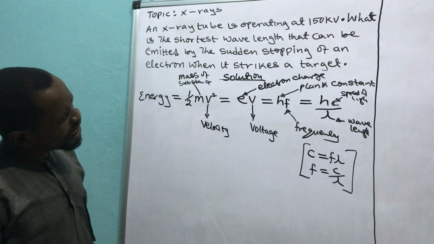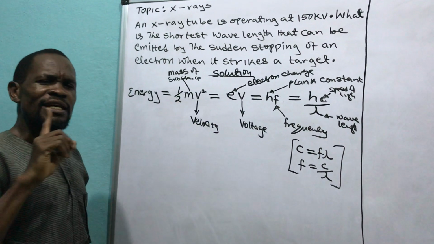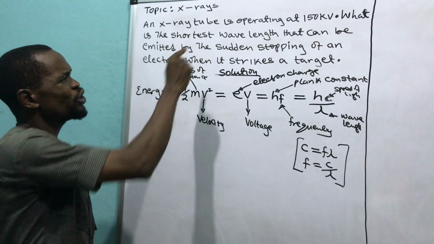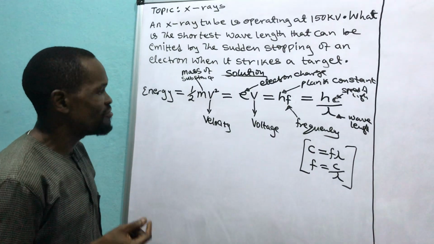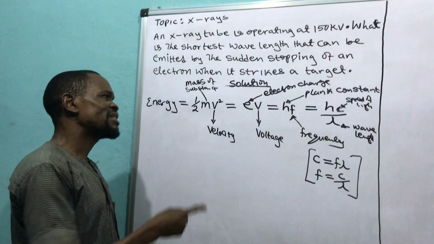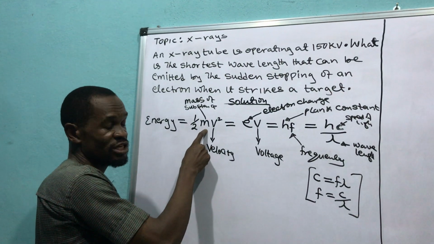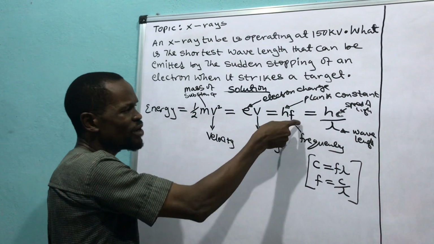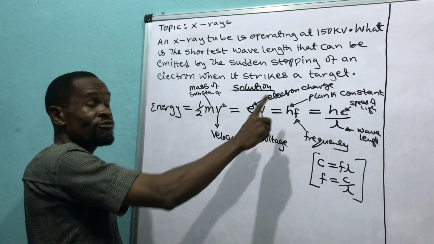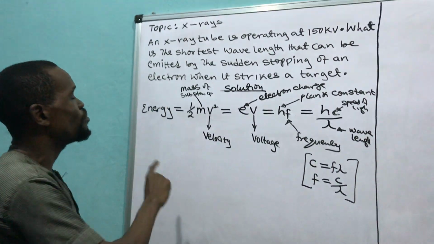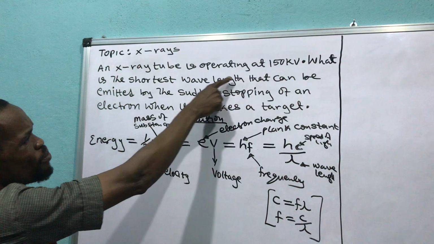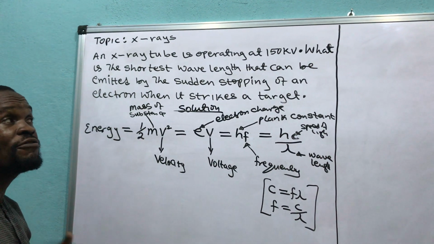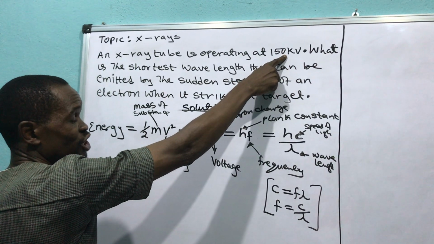Then whatever I'm going to equate is determined by the parameter given to me. If the parameter is mass, I'm going to use this. But if the parameter is frequency, I'm going to use the one that involves frequency. Right now, let us go back to the question. It said an X-ray tube is operating at 150 kV, meaning voltage is given to me.